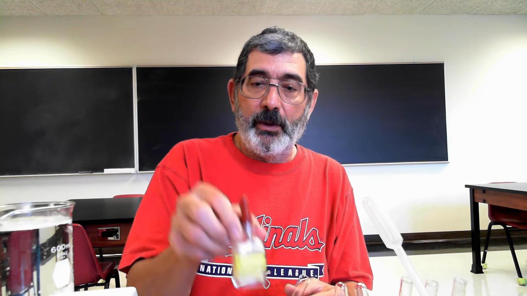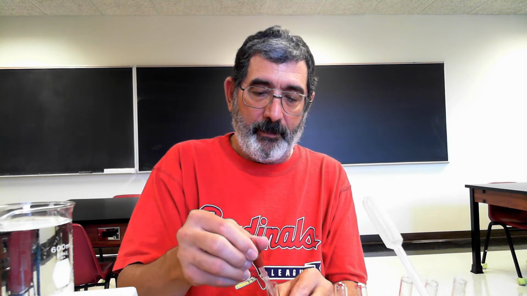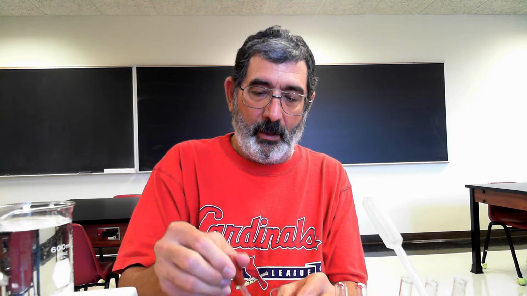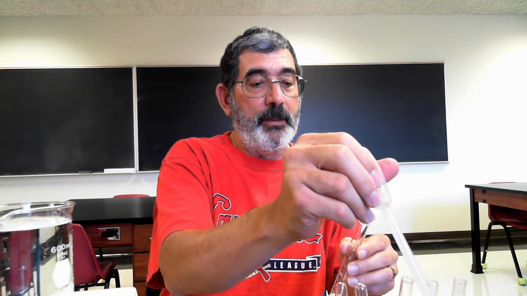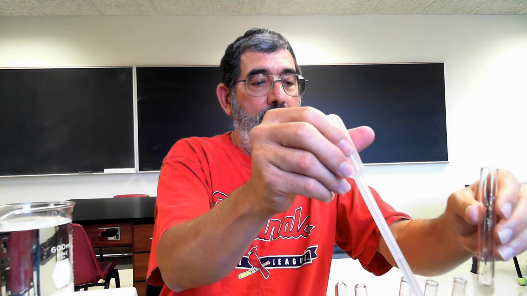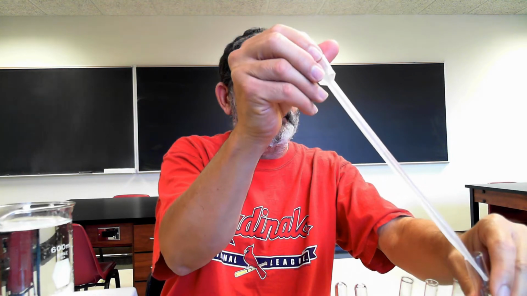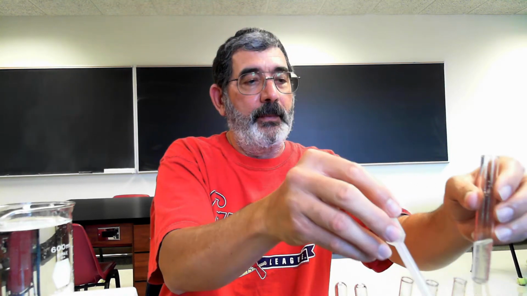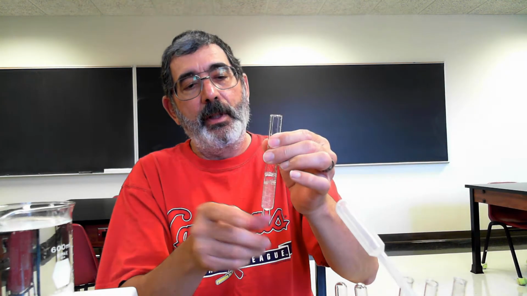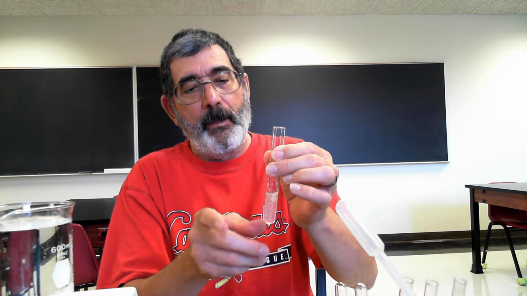So to each test tube, I'm going to add our proper enzyme. Let's put room temperature water in this test tube, get it started. I'm going to stir the water and enzyme.